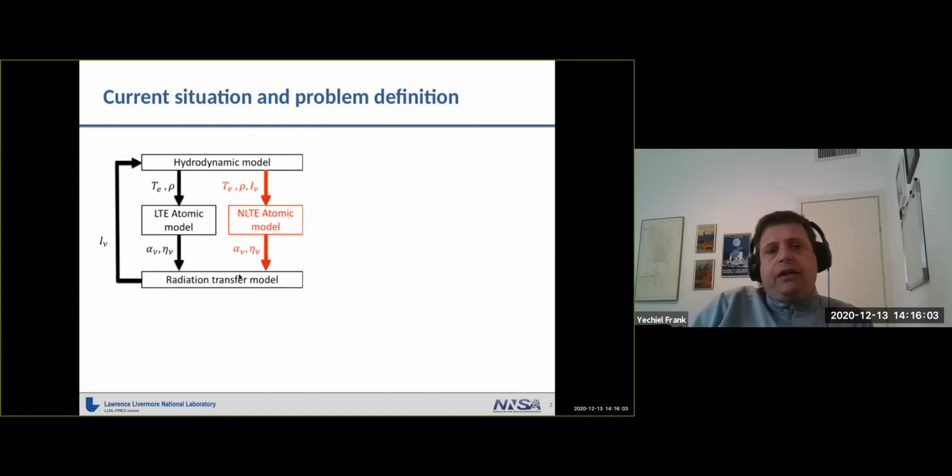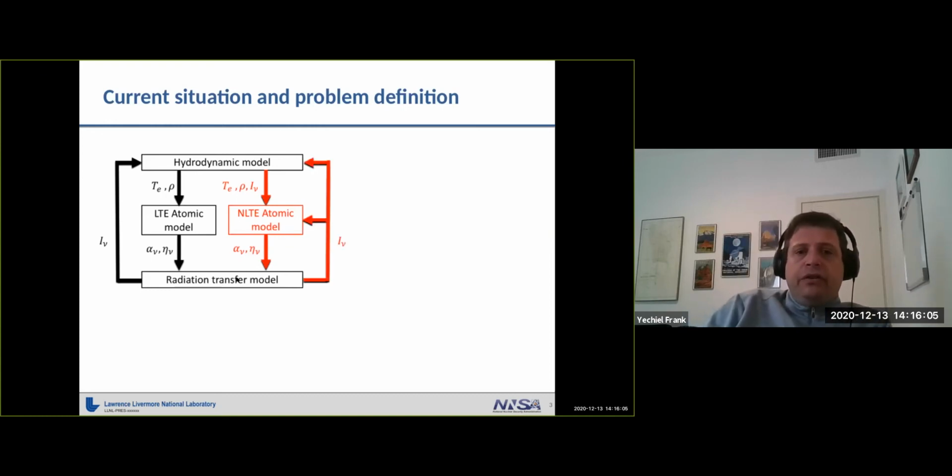Now, theoretically, what we would like to do is take this radiation flux and plug it back into the non-LTE atomic model in order to converge this, because the level population of the different atomic levels is affected by the radiation flux. However, from a computational standpoint, this is not possible.